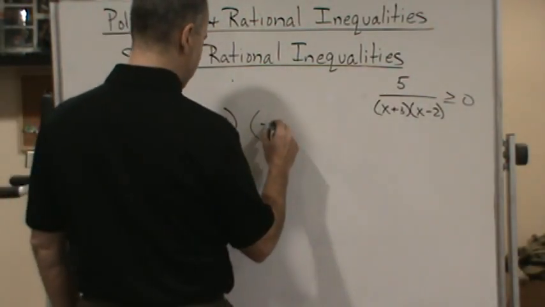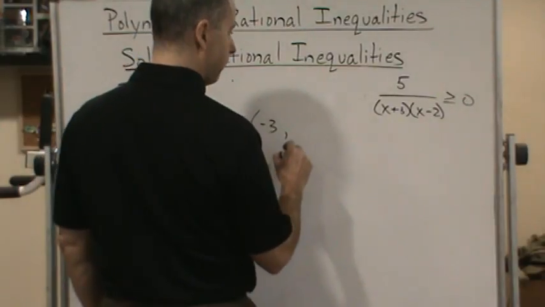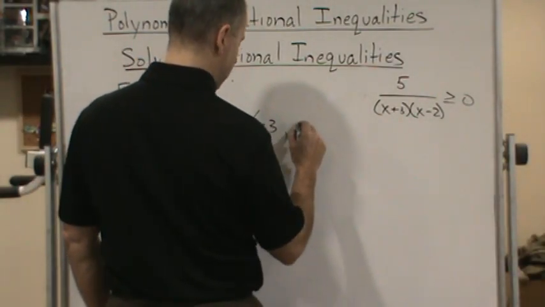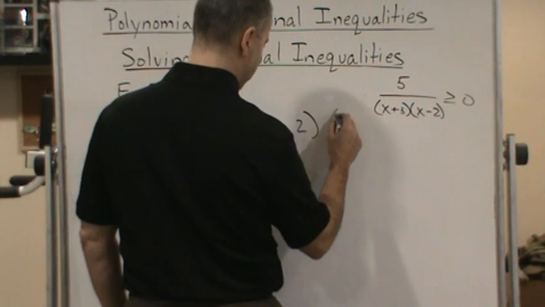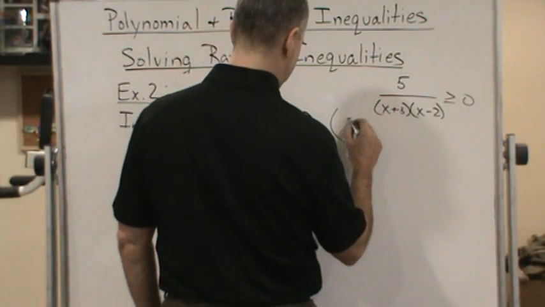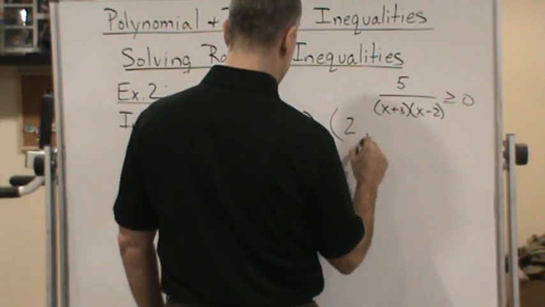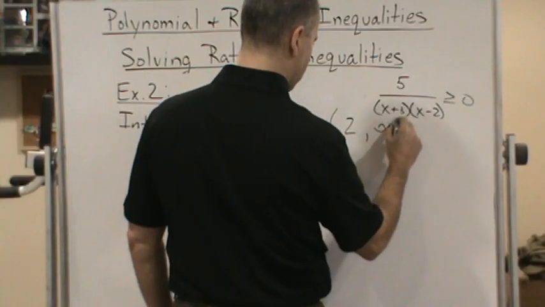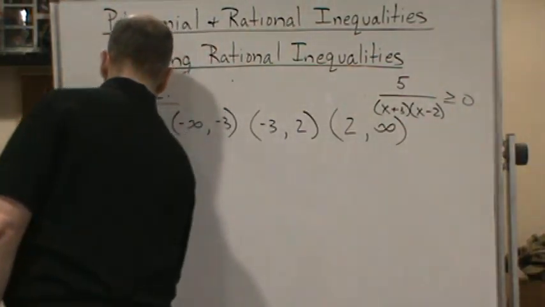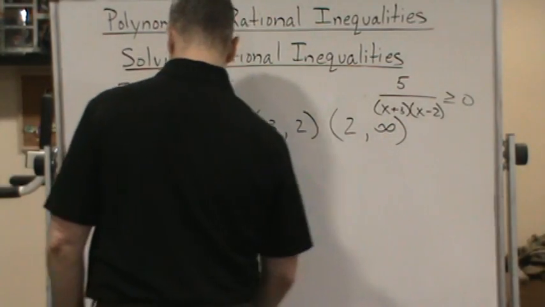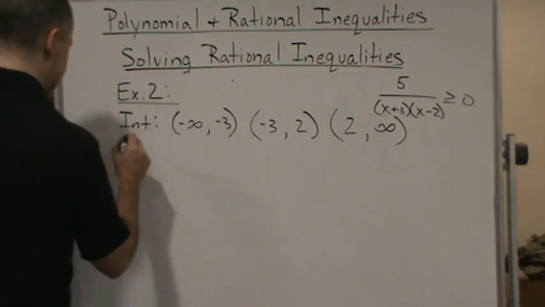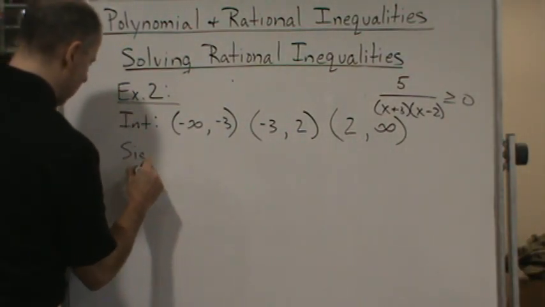Then the next interval that we're going to test is from -3 to 2. And then the next interval is from 2 to +infinity. And so now we look at the sign of the function.